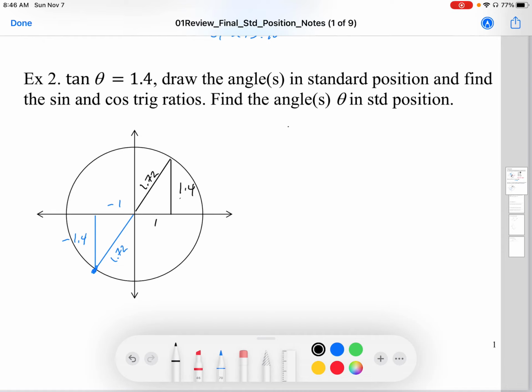So the sine ratio can be 1.4 over 1.72. And if I do 1.4 divided by 1.72, that's going to give me 0.814.